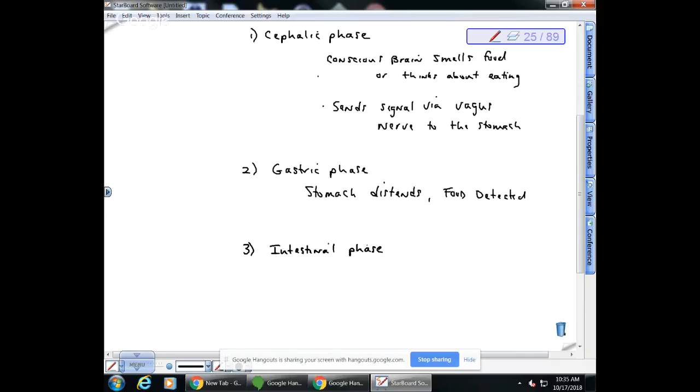And this is interesting because this actually can shut down and decrease what is happening in your stomach. So the intestinal phase actually protects the intestine from excessive acidic chyme.